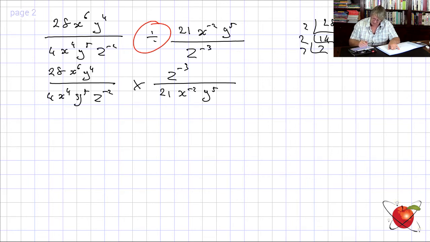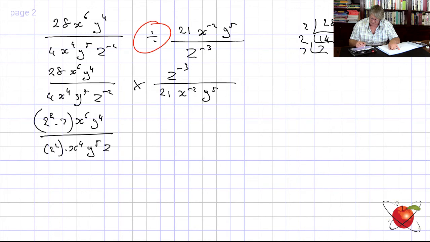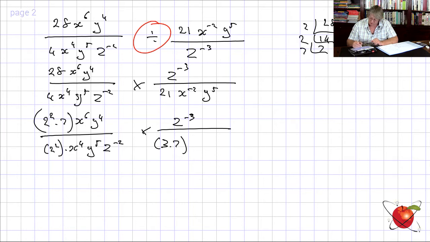So 28 is 2 squared times 7, x to the 6th, y to the 4th, over 2 squared times x to the 4th, y to the 5th, z to the minus 2, multiplied by z to the minus 3, over 21, which is equal to 3 times 7, x to the minus 2, y to the 5. Right?